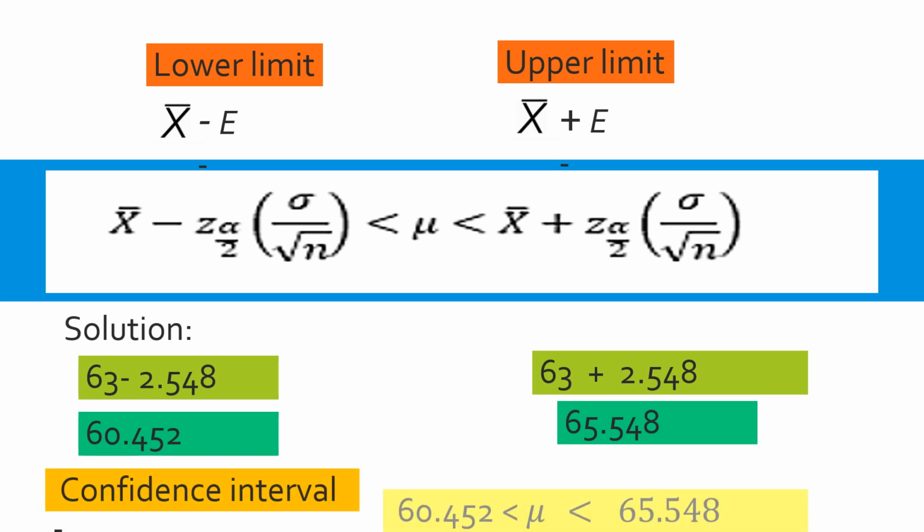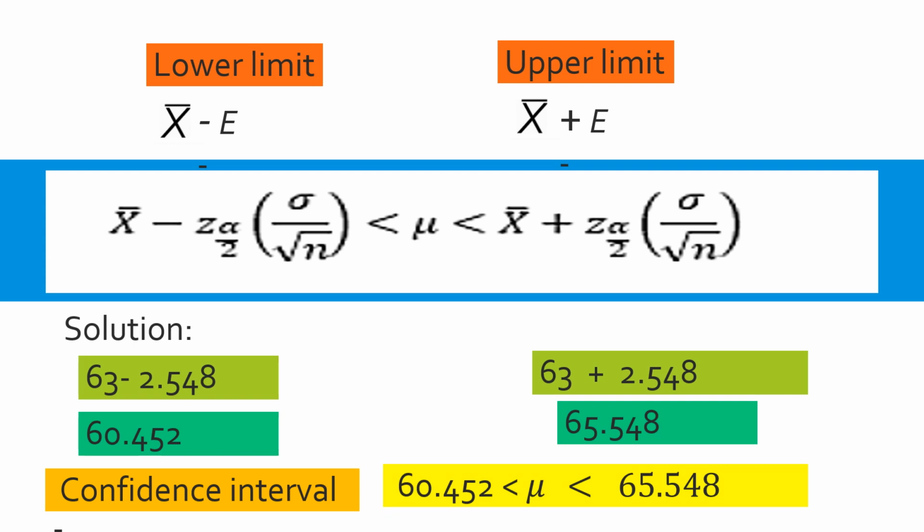Therefore, the confidence interval is 60.452 to 65.548. Or the population mean should be greater than 60.452 but should be less than 65.548. This will be our confidence interval.